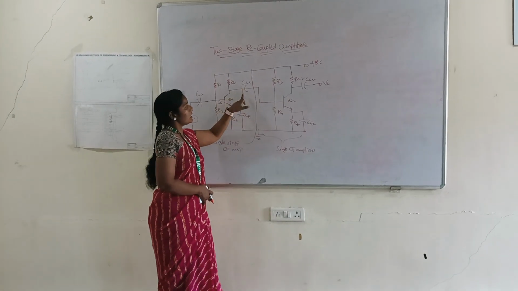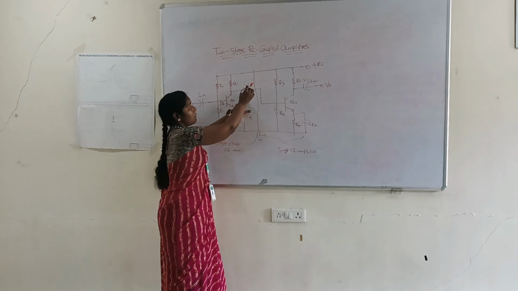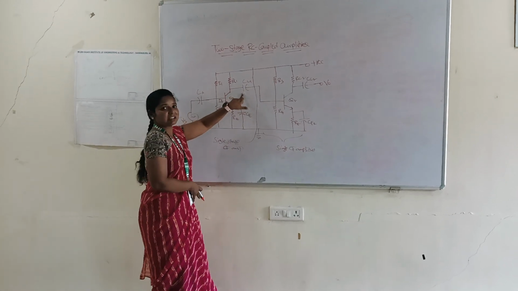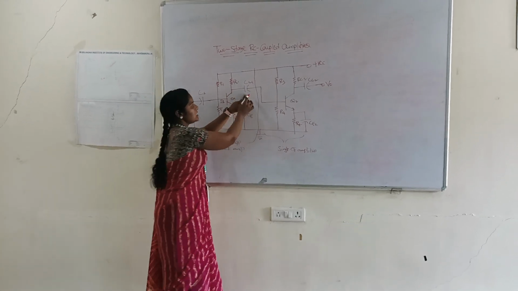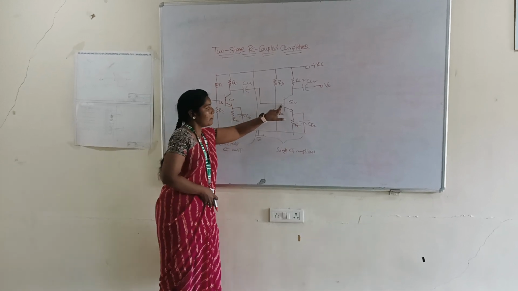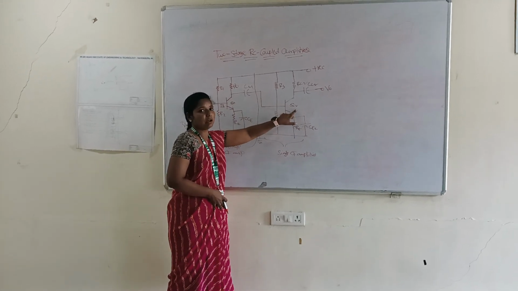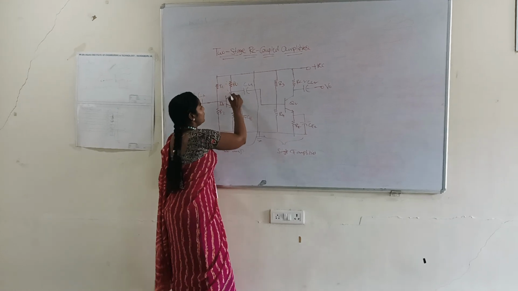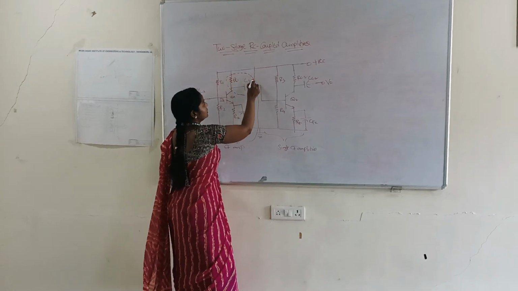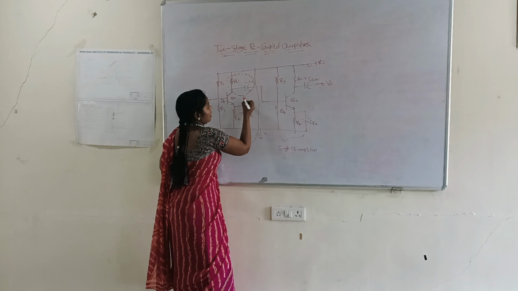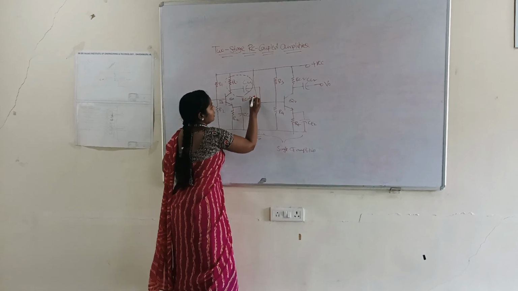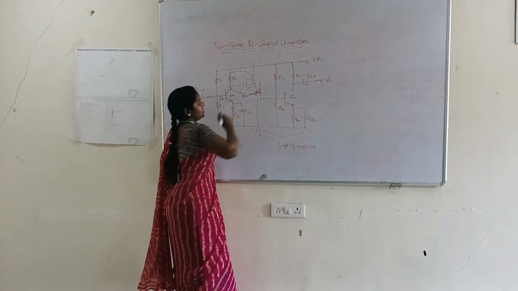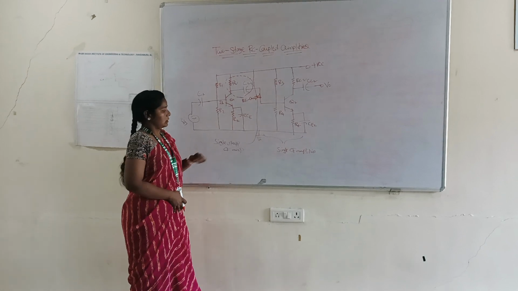The first stage output is coupled to the next stage base of transistor Q2. That is the RC coupling. Resistors and capacitors are coupled.